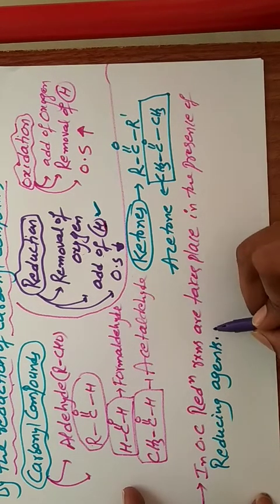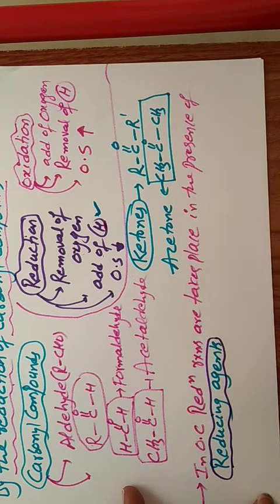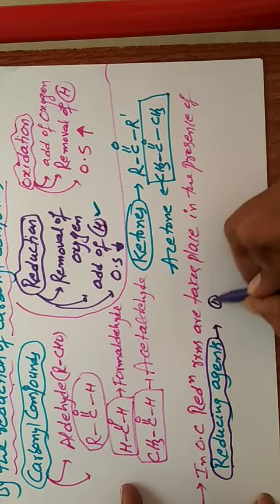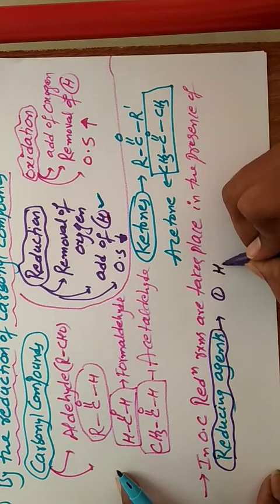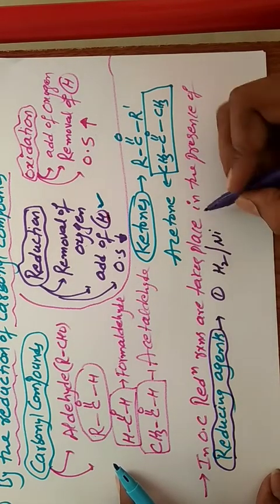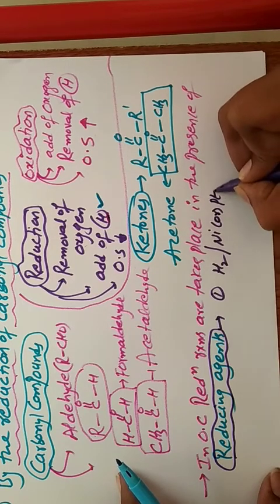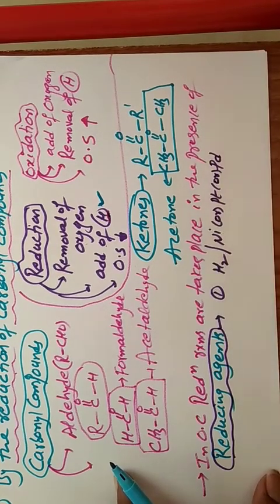Reducing agents. Here different types of reducing agents are there. The first one: H2, hydrogen gas, is added in the presence of nickel or platinum or palladium, any one of the metals. With nickel and hydrogen, we can get the hydrogen atom.